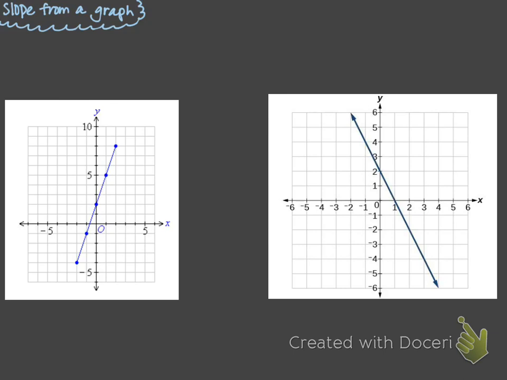So now what we need to do is look at how we go from one coordinate point, let's take this one right here, to the next coordinate point. Let's take this one here. And we can see if we count up, we have gone 1, 2, 3 spaces up. So our slope for this graph is going to be a positive 3 because we are increasing each time by 3 units. All right, let's look at our final graph.